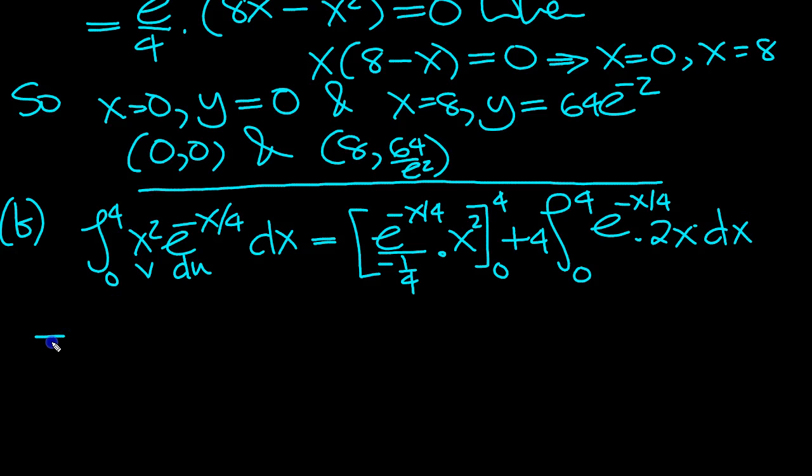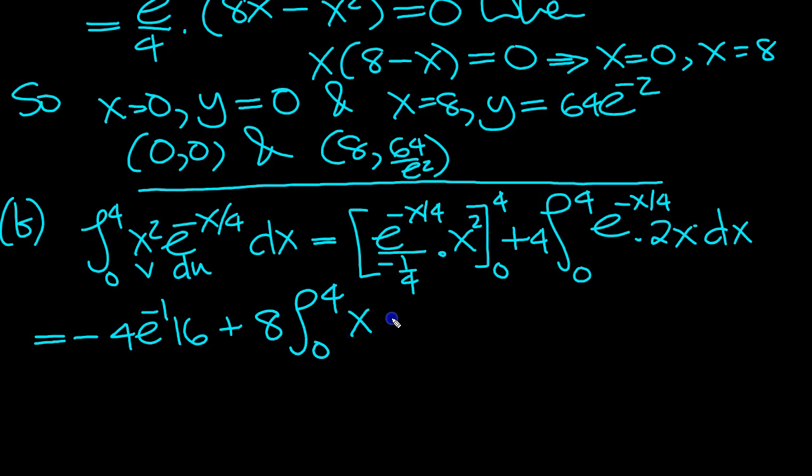So that's equal to, top value put 4 in here. The bottom value will be 0, so it's just the top value. This is minus 4 here, e to the minus 1 times 16. Take away nothing, plus 4 lots of, oh, there's a 2 there also, so that'll be 8 lots of the integral between 0 and 4 of x e to the minus x over 4 dx.